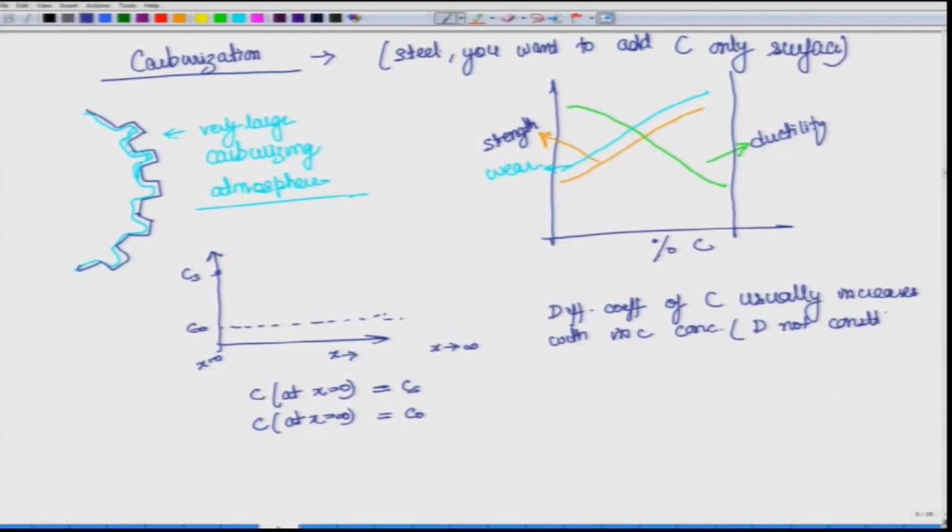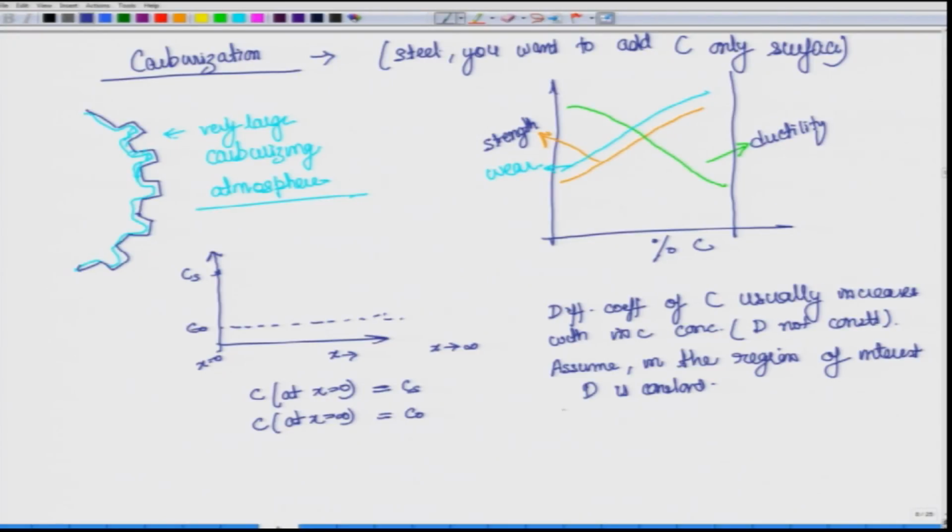But again we will make a simplifying assumption. Assume that in the region of interest, D is constant.